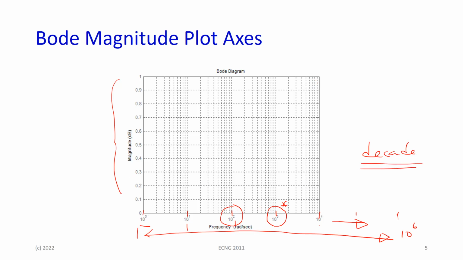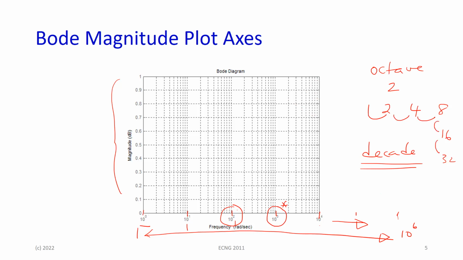Those of you who do music may have come across one called an octave. An octave is when two frequencies are twice apart. So if I was plotting 1, 2, 4, 8, 16, 32, for instance, these spans are octaves.